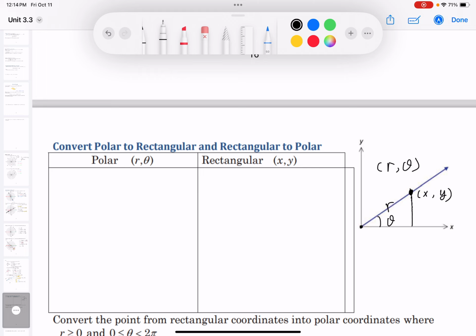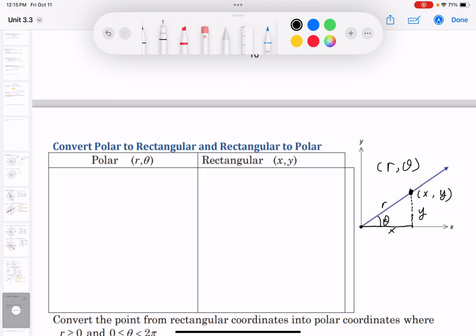We can construct a right triangle here. In this right triangle, this is theta, this is r. The opposite of theta is y, and the adjacent of theta is x, because the distance from here to here is x.